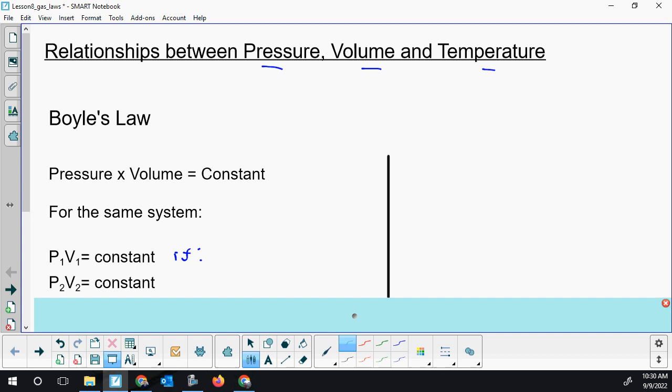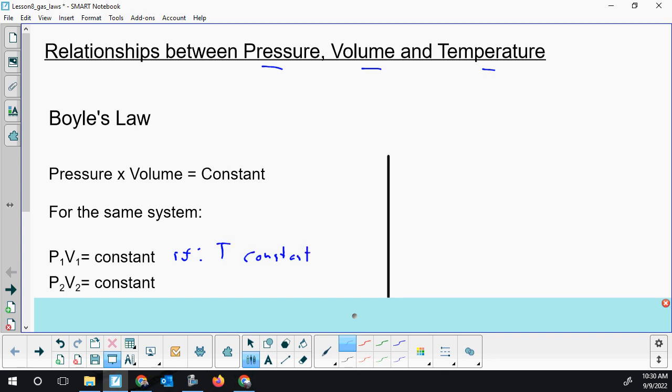if, and I'll fill this if in a second. And really, you've got to control everything else. Pressure 1 times volume 1, we can figure out a second pressure and or a second volume if we keep everything else the same. So temperature must be a constant.